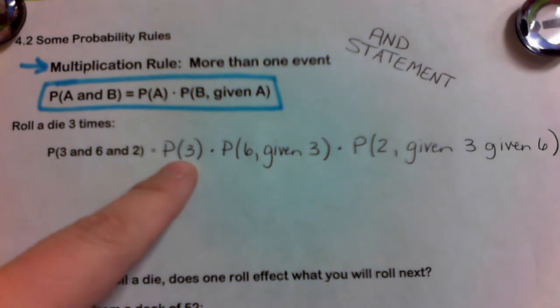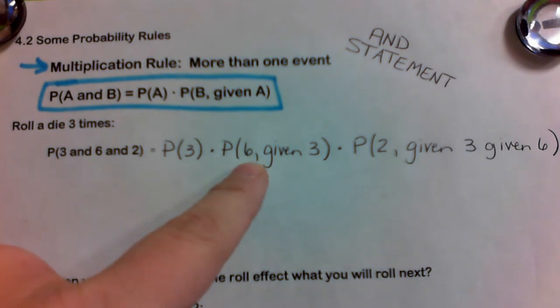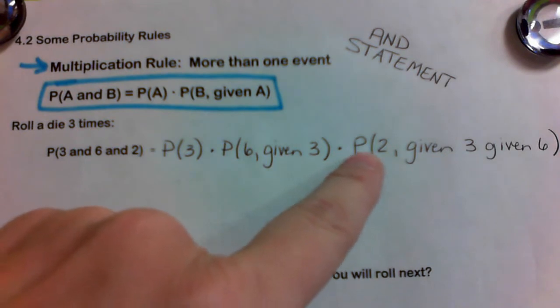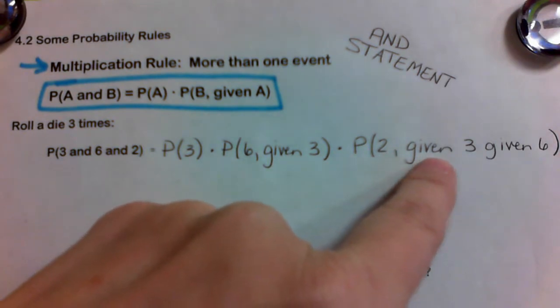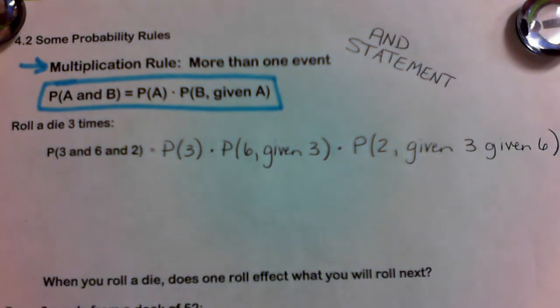This would be read: find the probability that you roll a 3, and then multiply that times the probability that you roll a 6, given that you got a 3 on the first roll, times the probability that you roll a 2, given that you got a 3 on the first roll, and given that you got a 6 on the second roll.